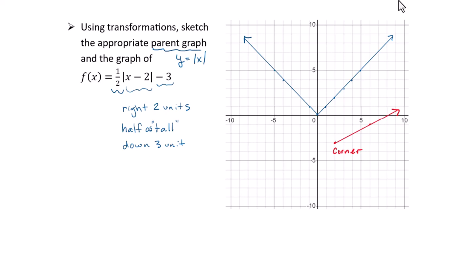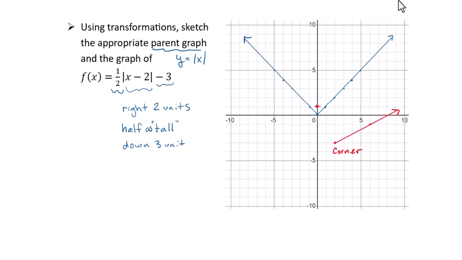And let's try and get the left side of this. Let's say if we would go over to the point negative 2, 2. So our transformation says we're going to take that point and move it to the right 2 units. So here we are. And then we're half as tall. So instead of having a height of 2, we're going to have a height of 1.